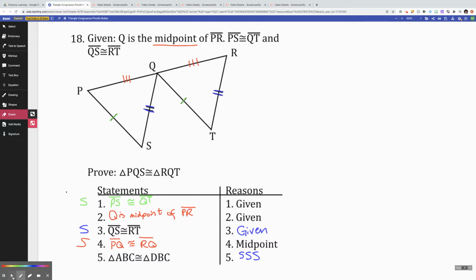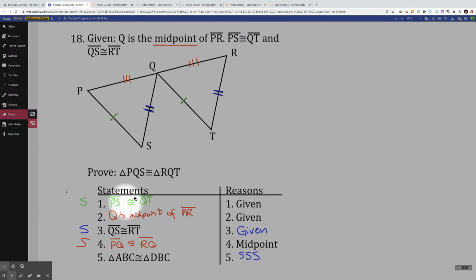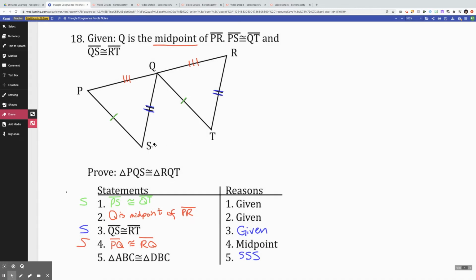So those are two sides that I already knew, this one marked in green, and this one marked in blue right here. Then the last thing I had to figure out was, I either need one more angle or one more side. And there's one piece of given information that I hadn't used yet, that Q was the midpoint of PR. So this phrase right here.